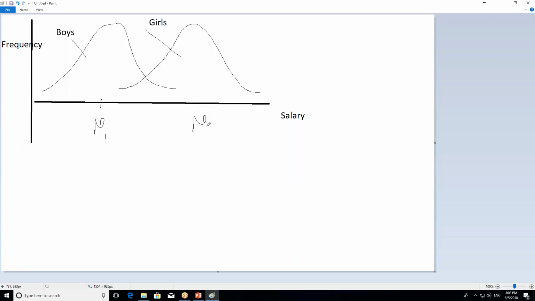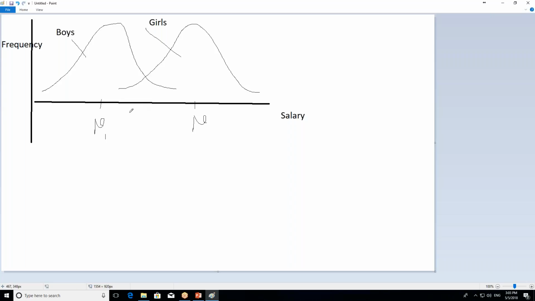Now, how will I prove statistically that the boy salaries are different from the girl salaries? By picture, I can say it looks different, but I need to prove it statistically, right? If there is too much overlapping, it is very difficult to decide whether the boy salaries and girl salaries are the same or not.